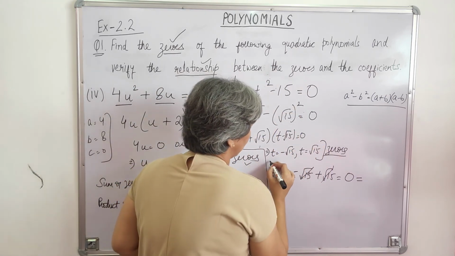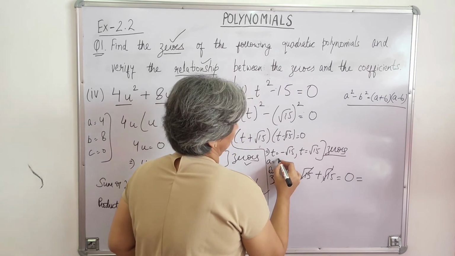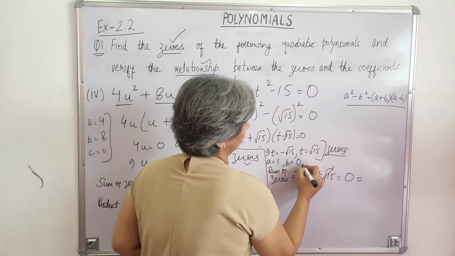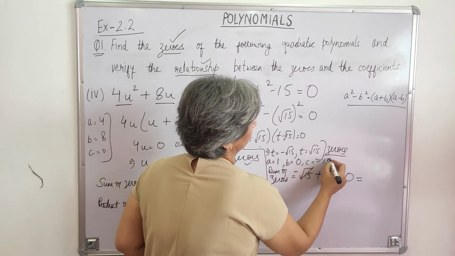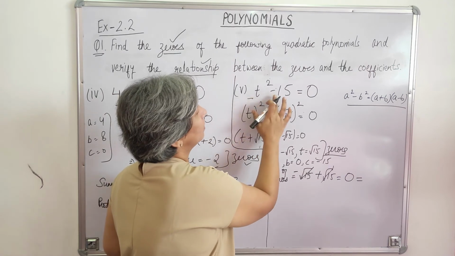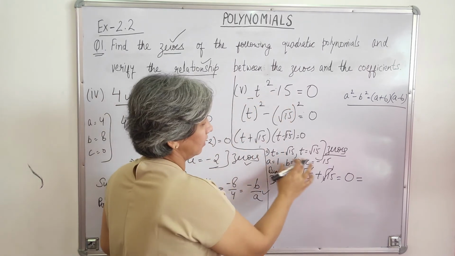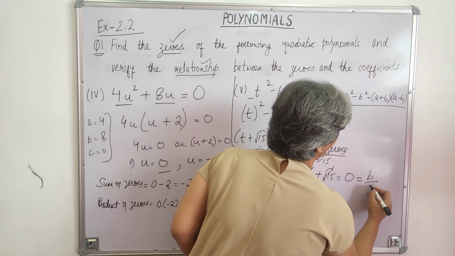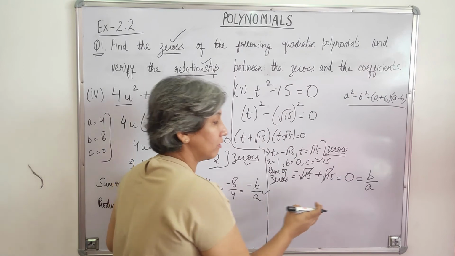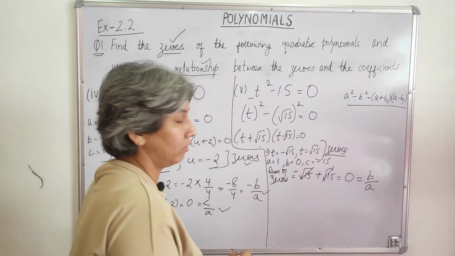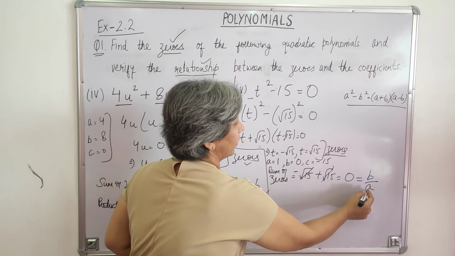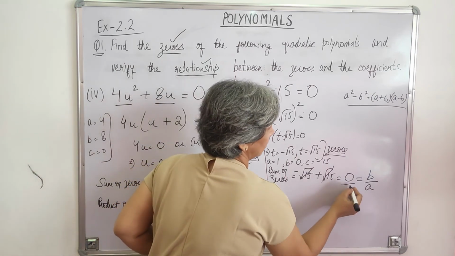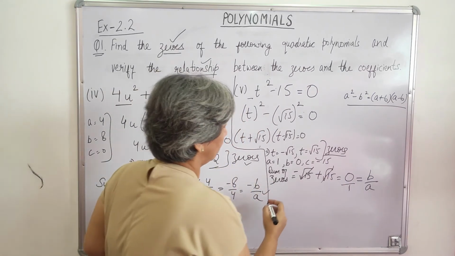Okay, let's quickly mention our a is 1, b is 0, c is minus 15. 1, 0 and minus 15, right? So we know b is 0, so we can write b by a. A is 1, but it doesn't matter, the answer will be 0 only, right? So even if it's like 0 by 1, it is b by a. It doesn't make a difference.